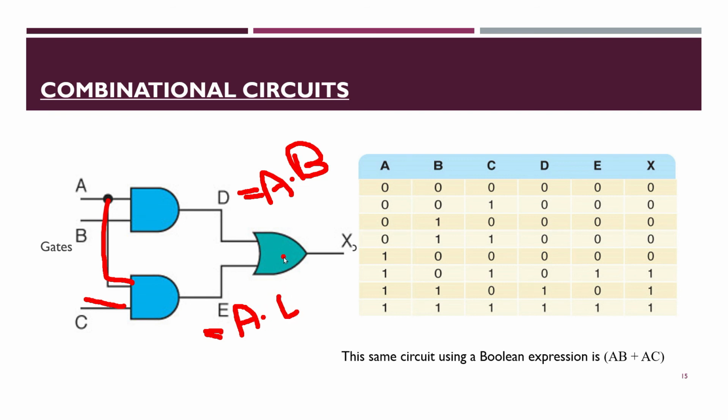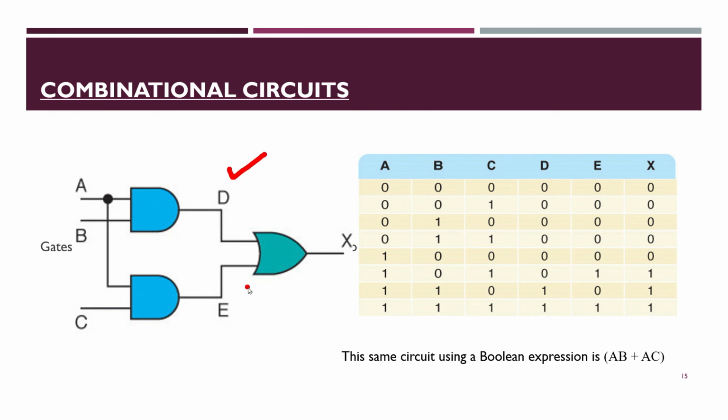So A dot B plus A dot C will be the output over here. So X will be equal to A dot B plus A dot C.